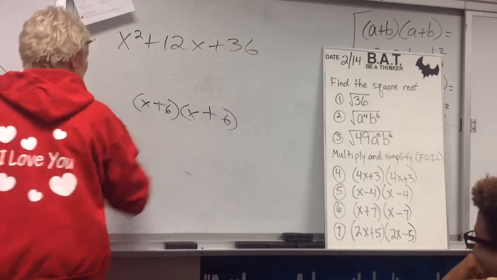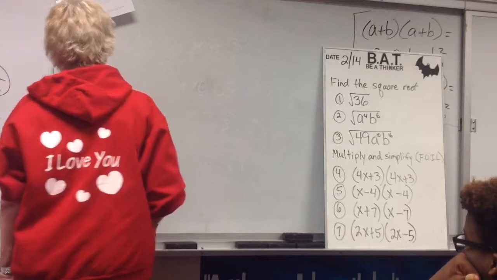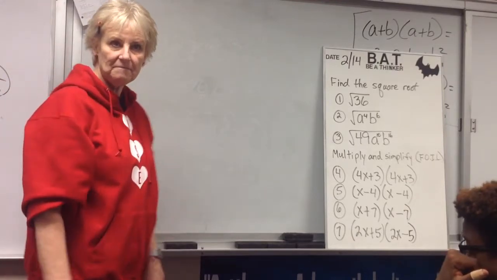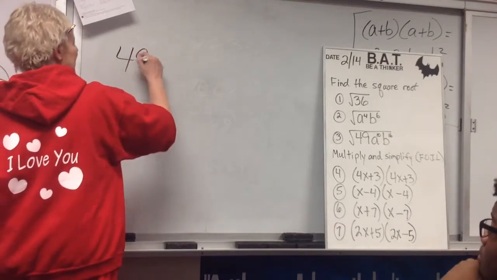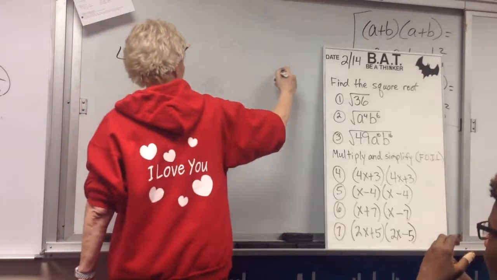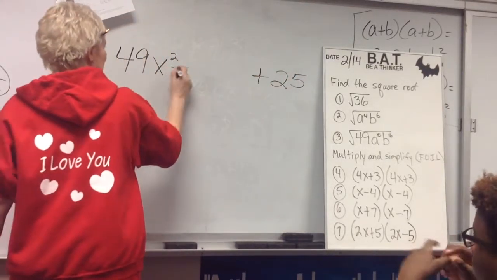Okay. Now let me give you a much bigger perfect square trinomial, to convince you to try to learn how to recognize them. 49x squared, let's put a minus in there.